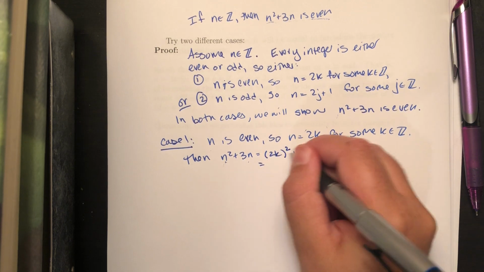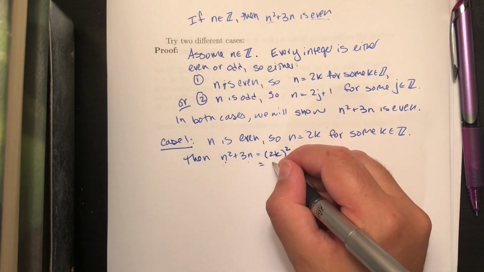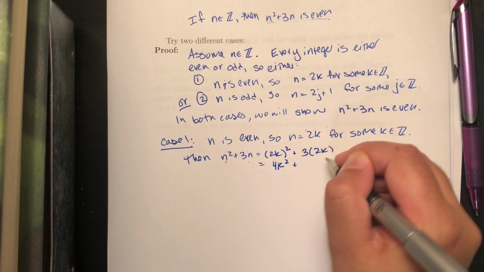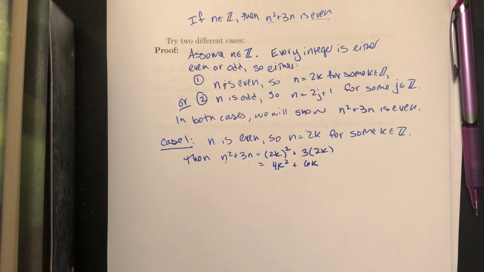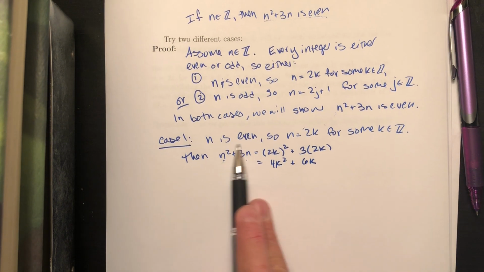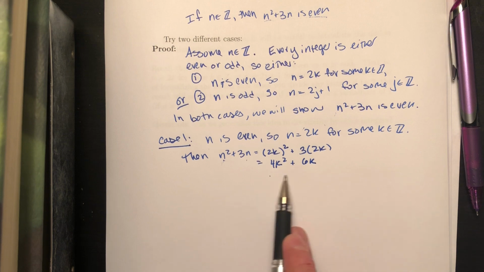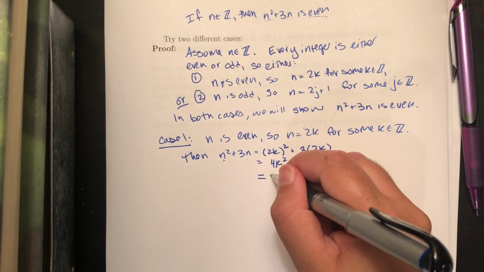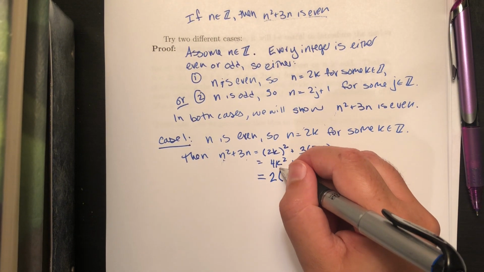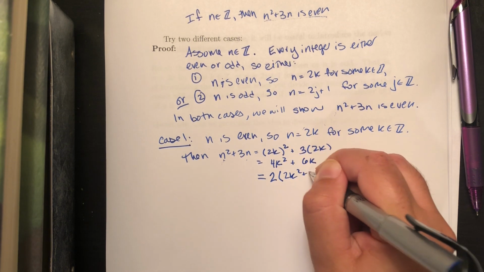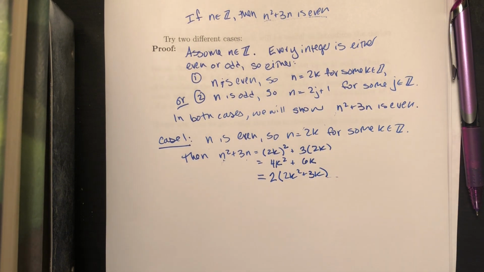If I expand this out, I get 4k squared plus 6k, and I'm trying to show that this expression is even, so I want to express it as 2 times some integer. So I just have to factor out a 2 here. This would be 2 times (2k squared plus 3k). Great, that's pretty much it.